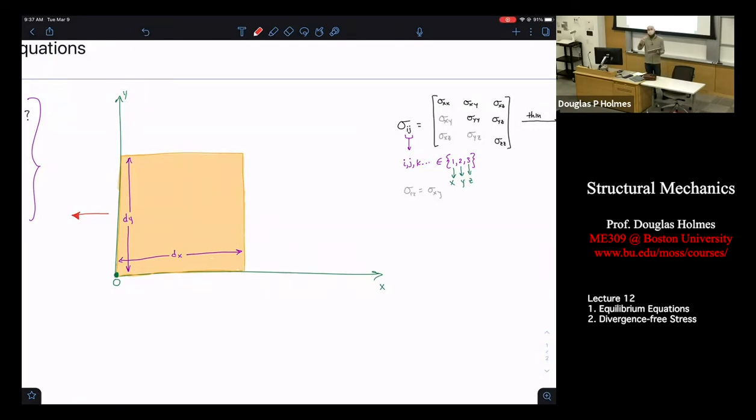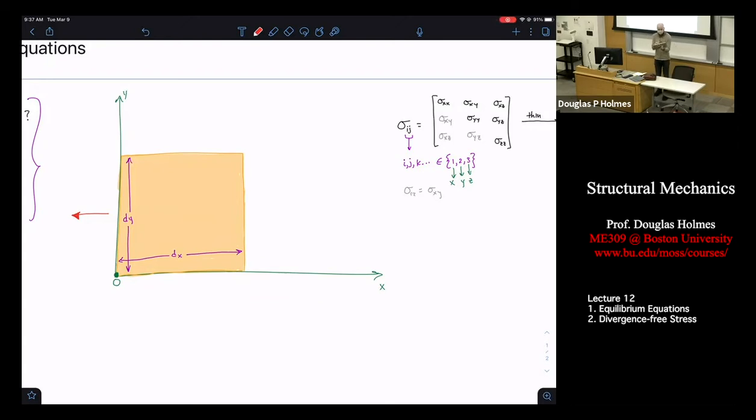Now, that force is going to be divided by the area, which means it's going to be divided by dy. That's the area that it's facing. And it should be divided by our dz. We said dz is 1. So it's kind of like force over dy times dz is our stress. And we'll call that the stress in the xx direction.